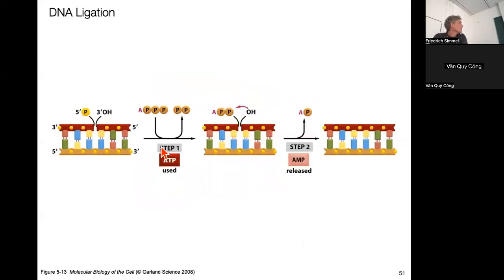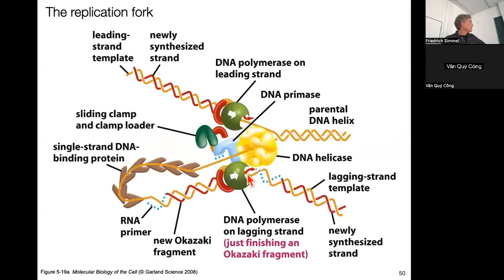If you have a situation like this, where there's a 5' phosphate neighboring a 3' OH in the context of a double helix, a ligase can make a covalent bond here. This happens at the end to connect all the different fragments that have been generated on the lagging strand. So quite a number of enzymes are involved here.